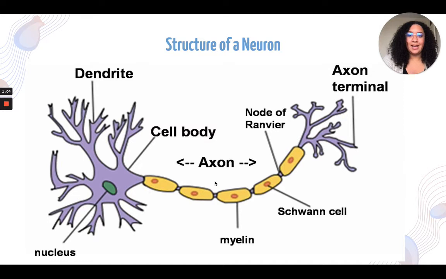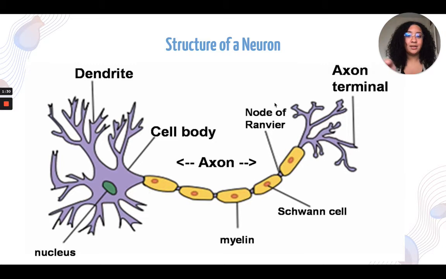Then we see the axon. That's that long trail, the trunk, and it has these bulbs right there. Those are called myelin, which we'll get into their function. And there's also a Schwann cell on top. Schwann cells produce myelin, so they are close together.